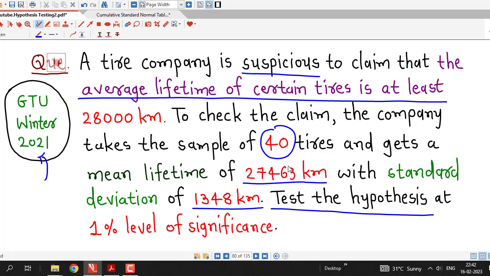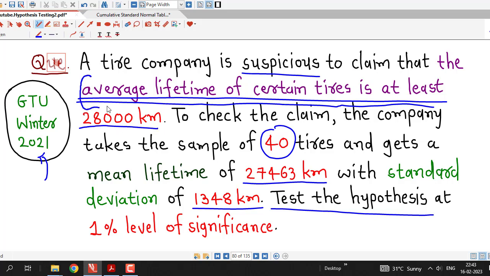First, we have to identify the parameter of the population which we want to test. So here you can see from this line that a tire company is suspicious of the claim that the average lifetime of certain tires is at least 28,000 km.